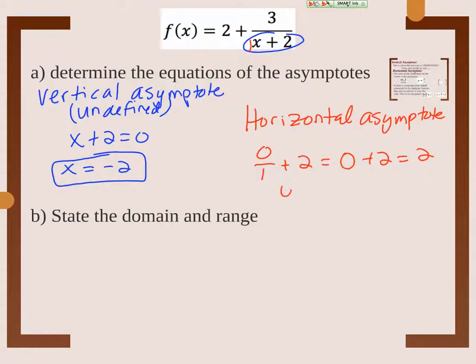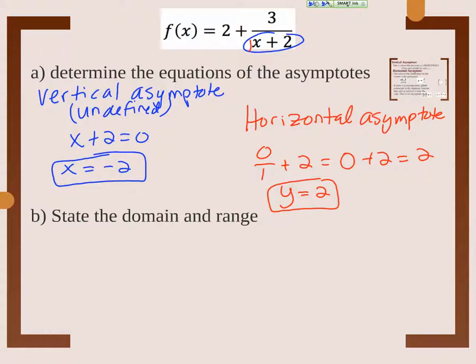But what that means then is that at y equals 2, that is where we will not have our function crossing. Our function will not cross that horizontal line at y equals 2. Now we're going to use these things to graph our function coming up in a couple of steps here. So make sure that you've got this really clear in your notes so you can come back to it.